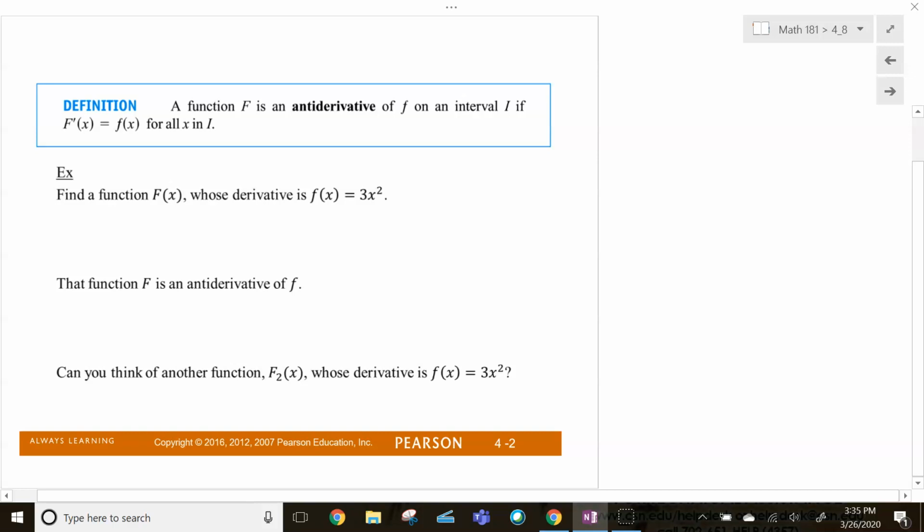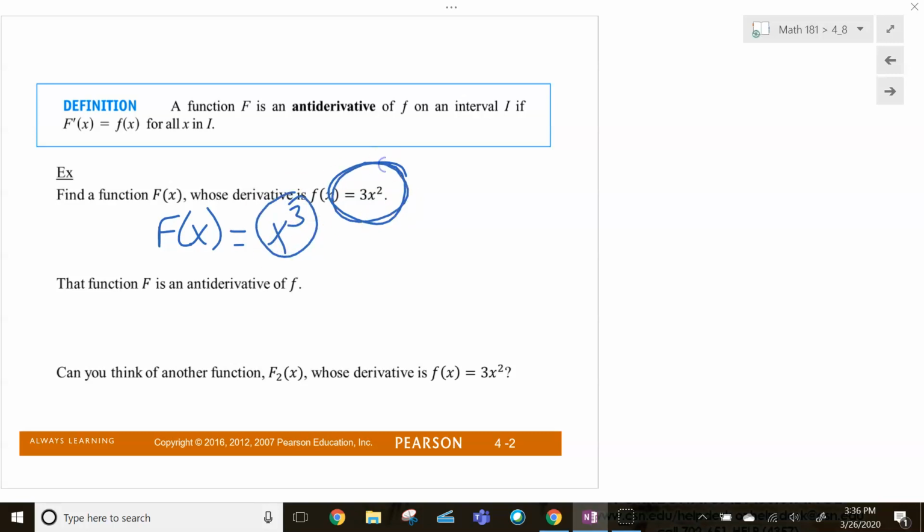A function F is an antiderivative of f on an interval if its derivative takes you back to the function f. So for example, let's talk about 3x squared. Who's the original function whose derivative gives you 3x squared? You're probably thinking to yourself, x cubed. I know the derivative of x cubed is 3x squared.